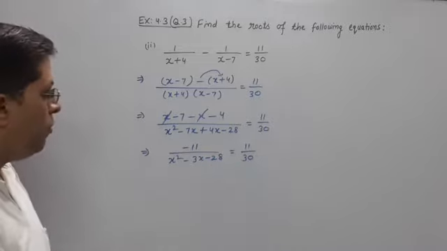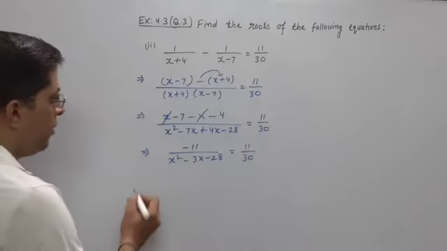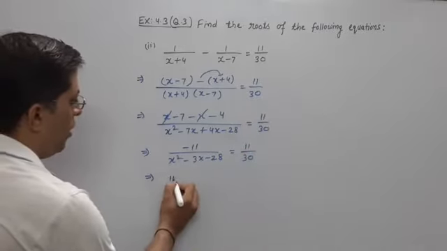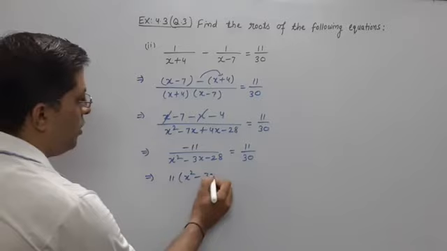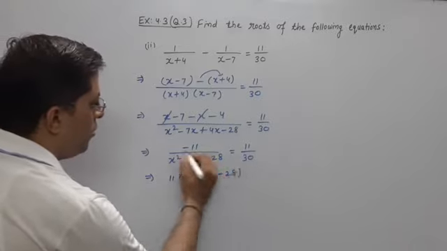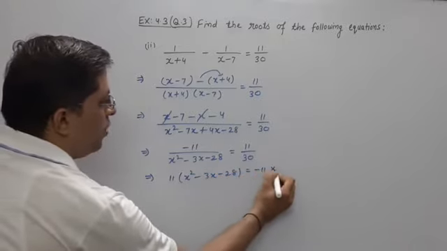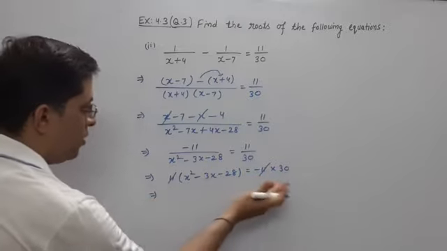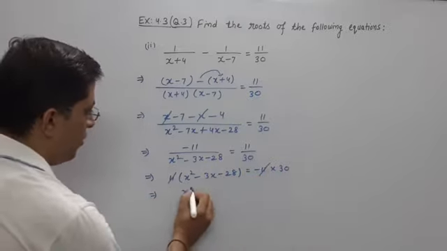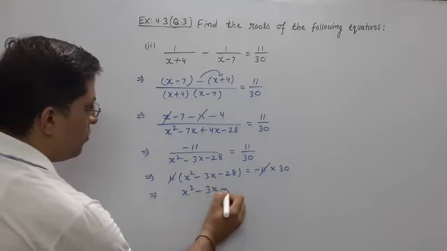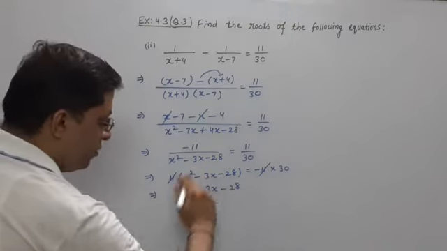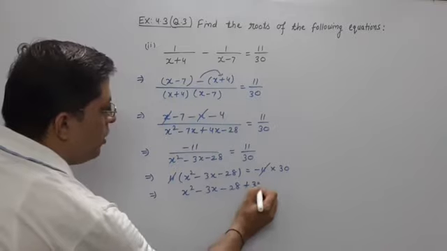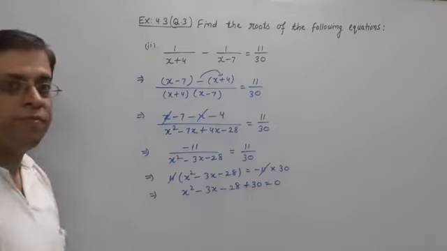Okay, now I am going to cross multiply. Cross multiply 11 into x square minus 3x minus 28, and here minus 11 into 30, this to this cut, and send minus 30 this side. This is 3x minus 28, then minus 30 will come this side, this will be plus 30.